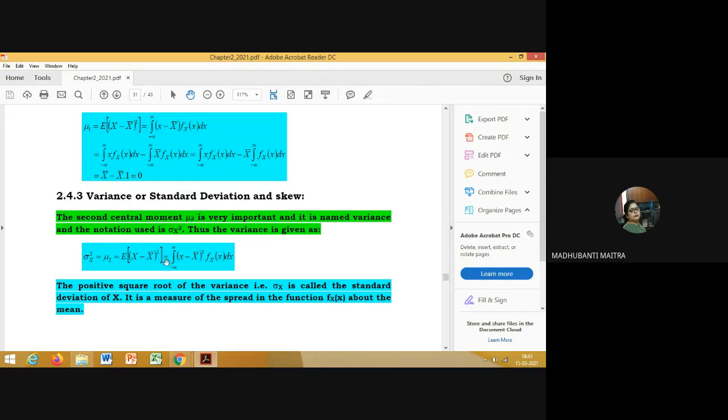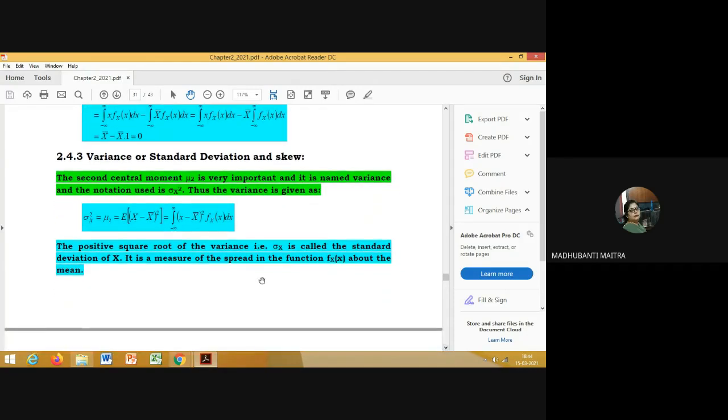So we can write it as integration from minus infinity to infinity of x minus x bar, that is the mean value, whole square f(x) dx. Now the positive square root of this variance, that means sigma x, is known as the standard deviation of x.